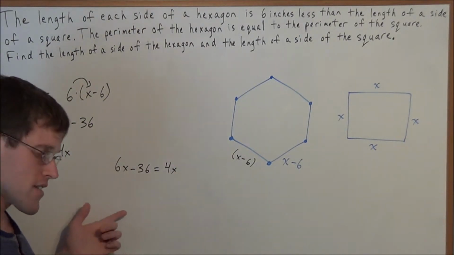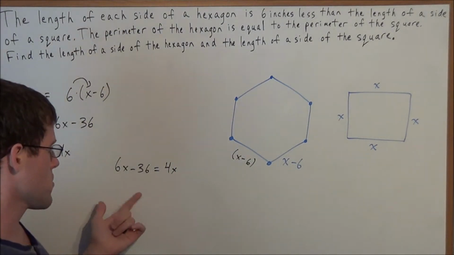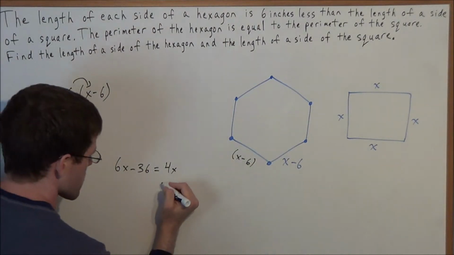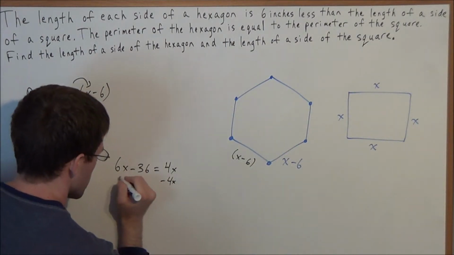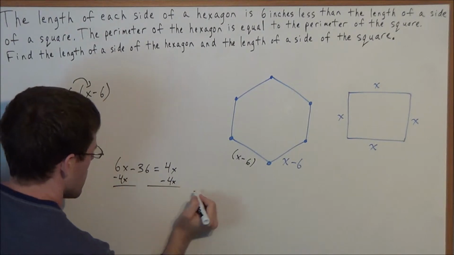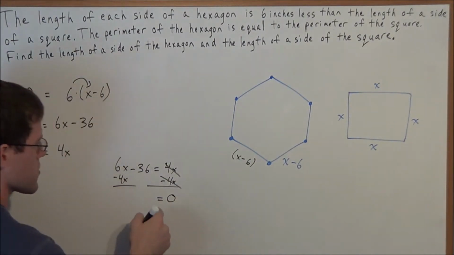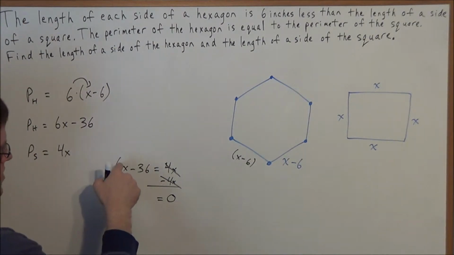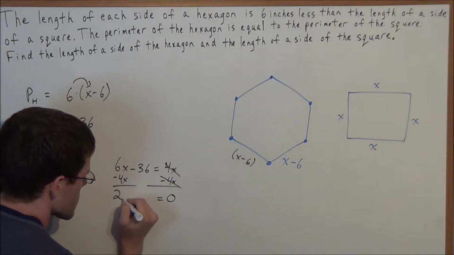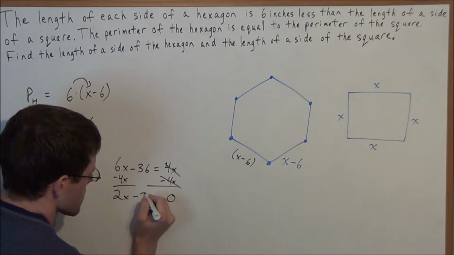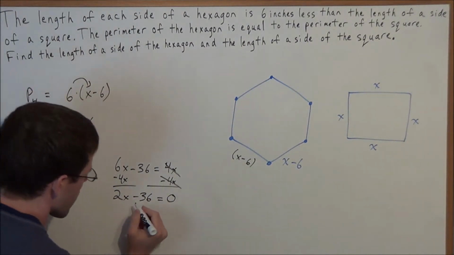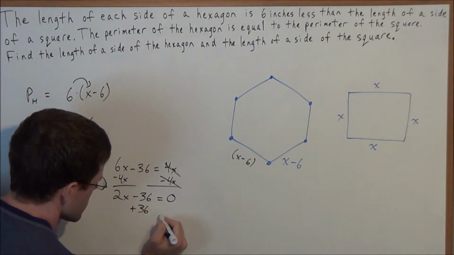Now to solve for x, this is just a single variable equation, so we're going to subtract 4x from both sides. Now 4x minus 4x will cancel, so on the right hand side we have 0. And 6x minus 4x is 2x. So we have 2x minus 36 is equal to 0. Now to solve for x, we're going to add 36 to both sides.